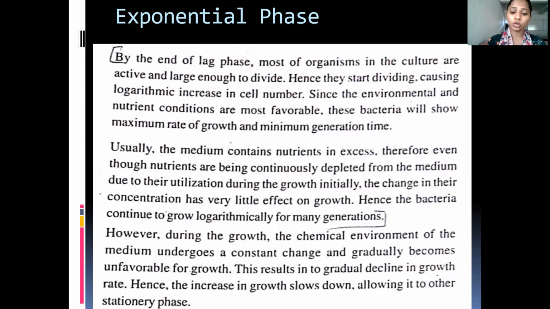However, during the growth, the chemical environment of the medium undergoes constant change, gradually becoming unfavorable for growth. This results in a gradual decline in the growth rate. Hence, the growth slows down, allowing it to enter the next phase, the stationary phase.